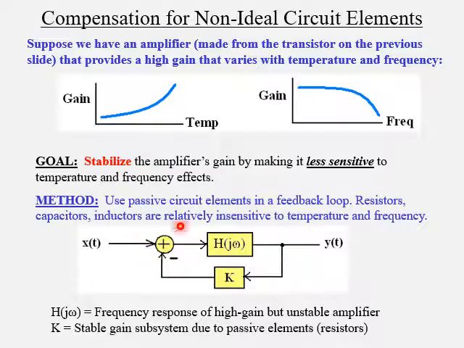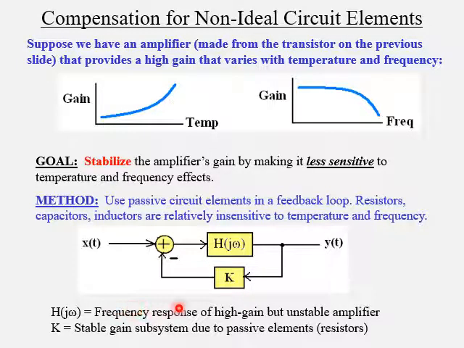So what we have here is our amplifier. This is the amplifier right here without any feedback. But we're going to take the output of the amplifier and feed it back with a network which is just a simple multiplication by a factor of K. And again, this network is going to be built from some passive circuit elements, for example, just resistors, and it's going to provide some multiplicative factor here.